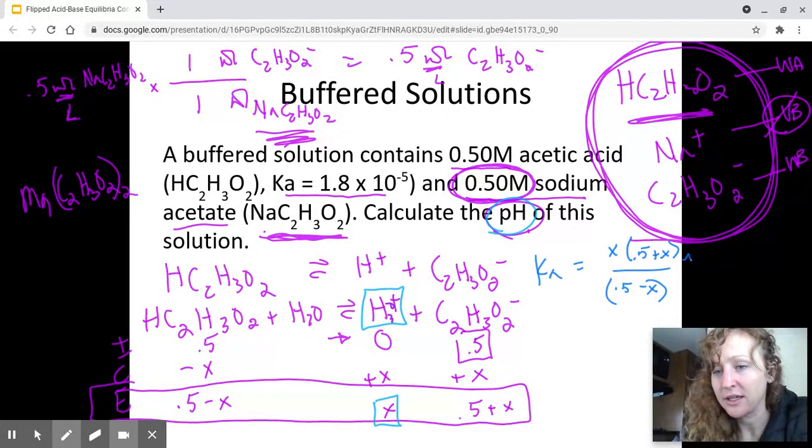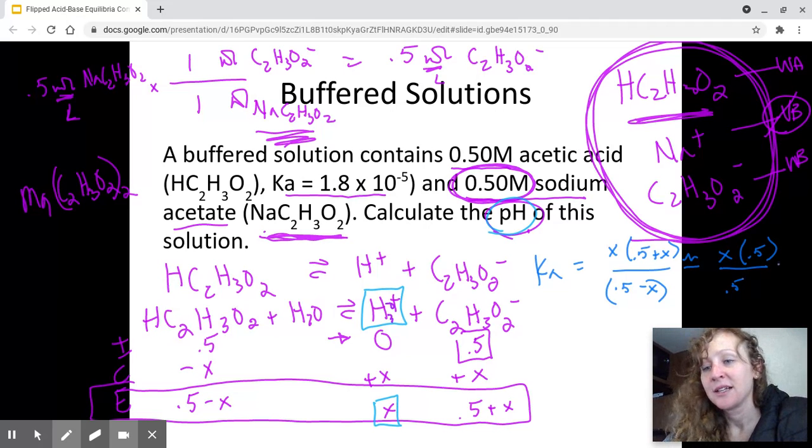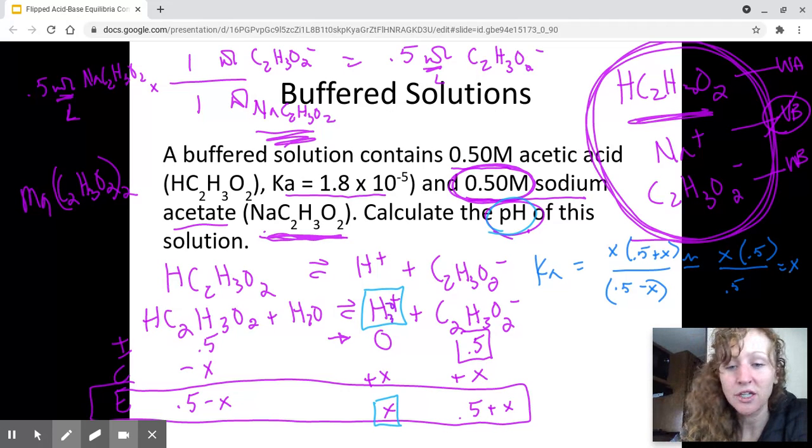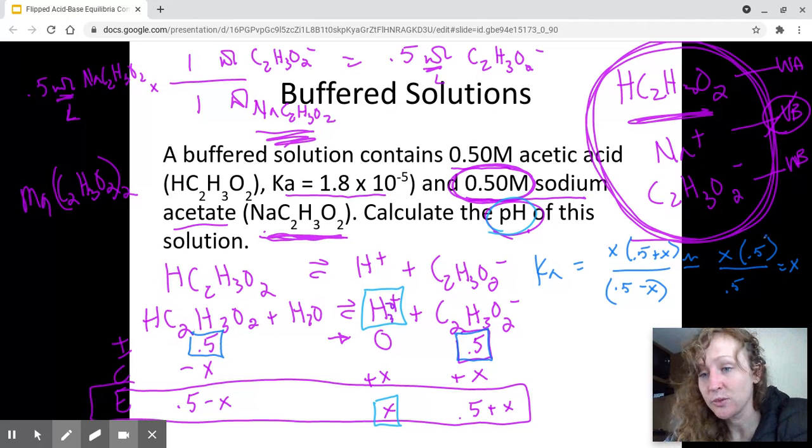Now I can assume x is going to be small, and so I end up with this equation because I'm ignoring any of the x's that are added or subtracted. Since my concentration of weak acid and conjugate base are the same, these things are going to reduce out of the equation, and my x is going to equal Ka.